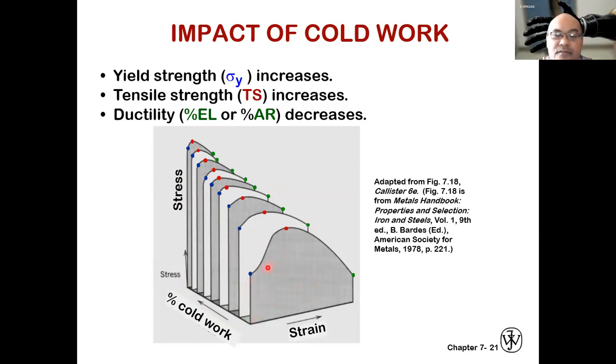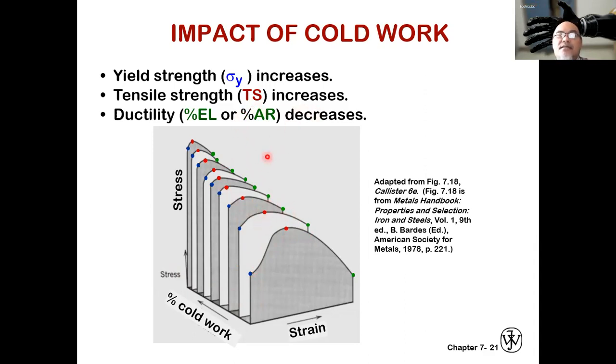At 0% cold work, you have the elastic region, this is the yield strength, and this is the ultimate tensile strength. When cold work is done, the higher the percentage of cold work, the more the yield strength increases. Tensile strength also increases, until here there is the failure, the breaking stress.